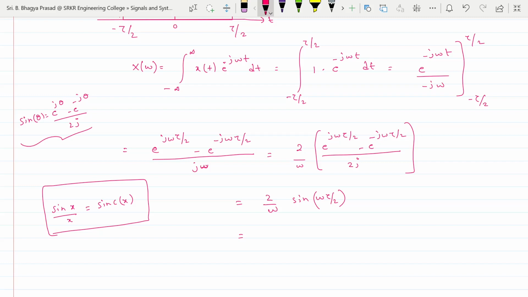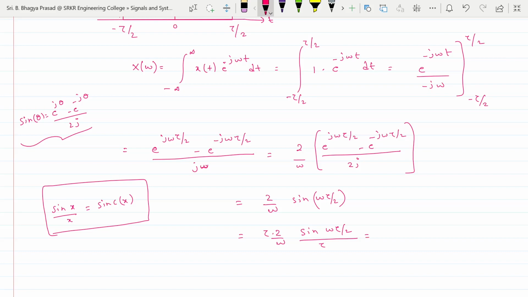So we need tau in the denominator also. For that, we make 2 by 2, so 2 by omega sine omega tau by 2, and we will make it like this, tau and tau.